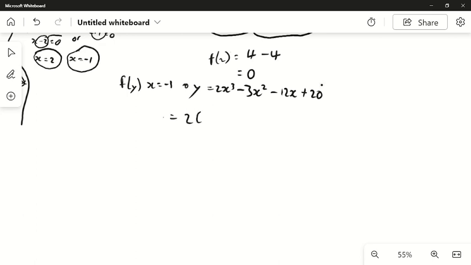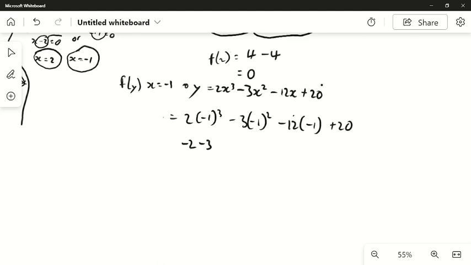2 open bracket minus 1 close bracket cubed minus 3 open bracket minus 1 close bracket squared minus 12 open bracket minus 1 close bracket plus 20. Minus 1 in 3 places multiplying themselves gives us minus 1. Minus 1 times 2 is minus 2. Minus 1 squared is 1, and 1 times minus 3 is minus 3.